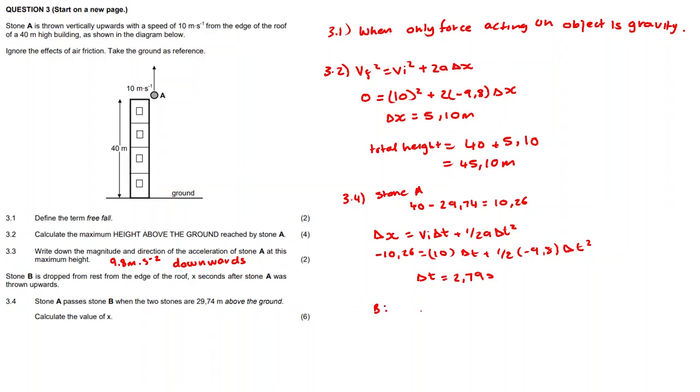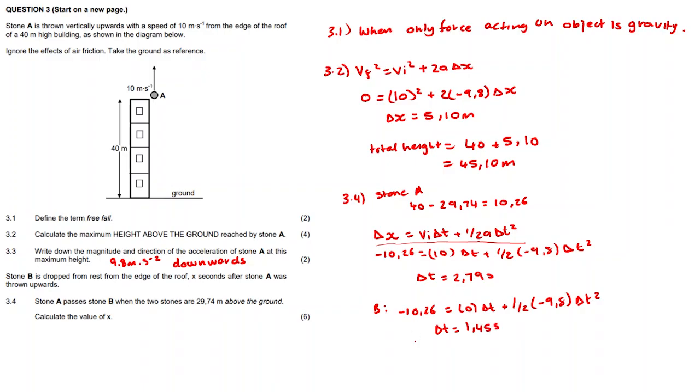And we want to know how long it took stone B to get to the same height. Using the same equation, we can say that negative 10.26, being the height, is equal to the initial velocity, which we know is 0 as it was dropped, times delta t, plus a half a delta t squared. And when we solve for delta t, we should get 1.45 seconds.